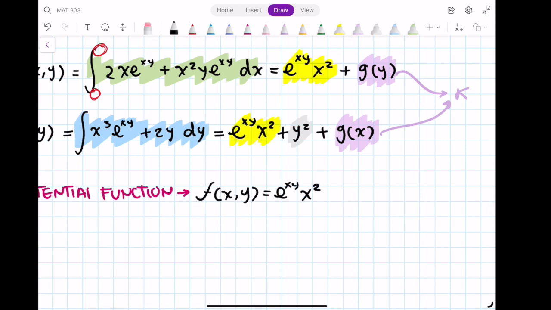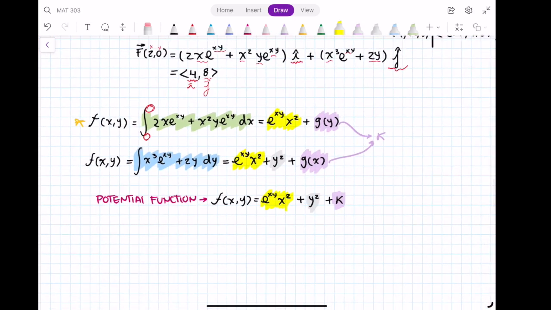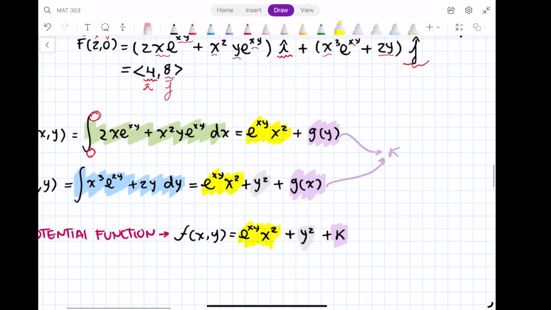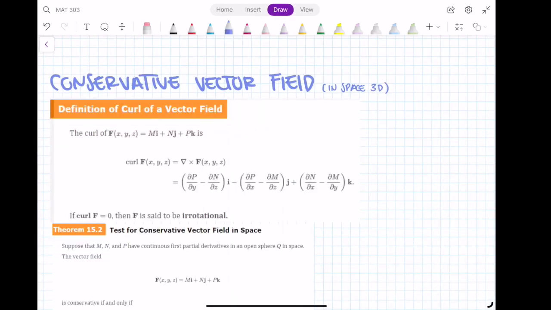Now we're going to add the y squared, and now always adding our constant, right? So let's highlight it so we know this is our y squared and this is our constant, our potential function, right? Here we have now conservative vector fields in 3D space, right?